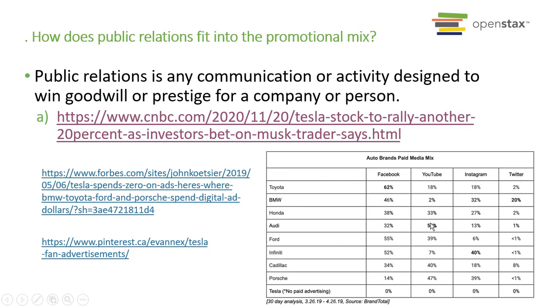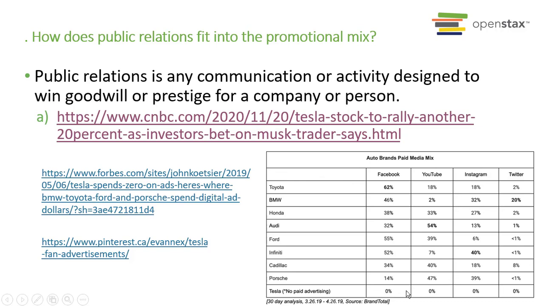Audi favors YouTube. Ford Motor Company favors Facebook. Infiniti favors Facebook, but again, Instagram at 40% there. Cadillac favors YouTube, kind of close with Facebook. Porsche is looking at YouTube and Instagram.